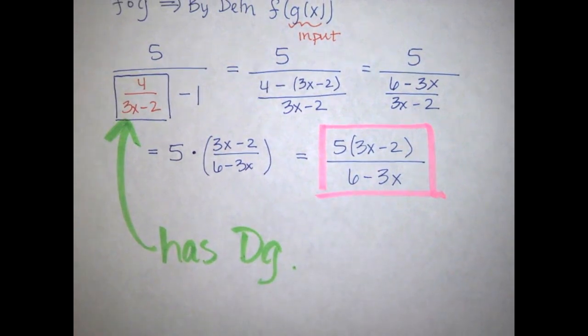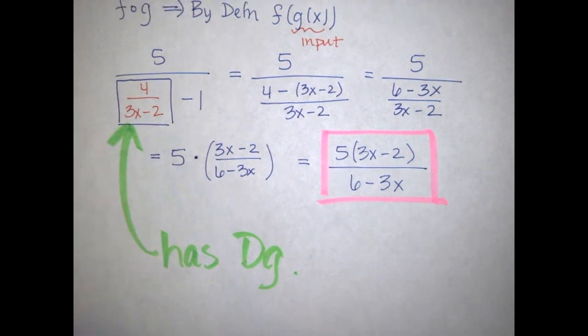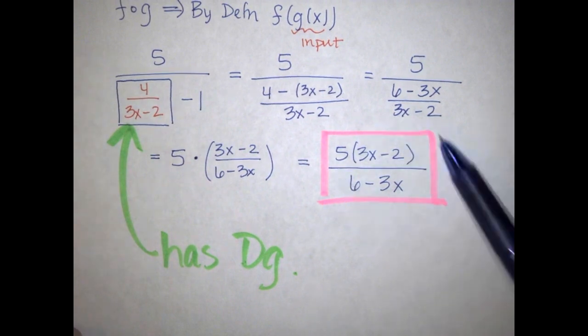So you can't forget that. So your domain of G is right there, because what we actually had in this was a fraction within a fraction. So we need to keep in mind that this piece actually had a domain.